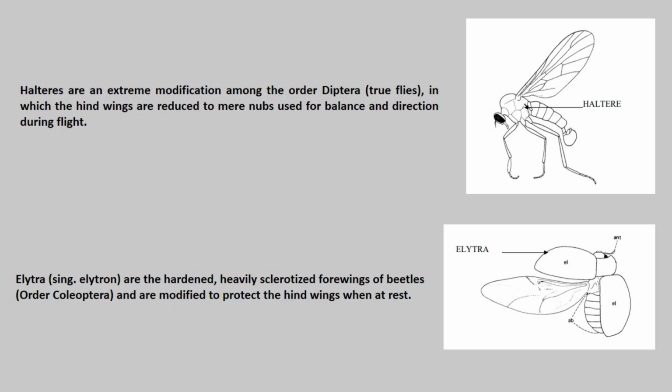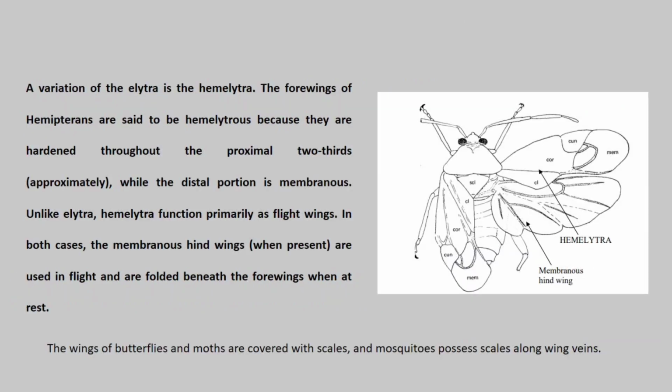Elytra, singular elytron, are the hardened, heavily sclerotized forewings of beetles, order Coleoptera, and are modified to protect the hind wings when at rest. A variation of the elytra is the hemelytra. The forewings of hemipterans are said to be hemelytrous because they are hardened throughout the proximal 2/3, approximately, while the distal portion is membranous.